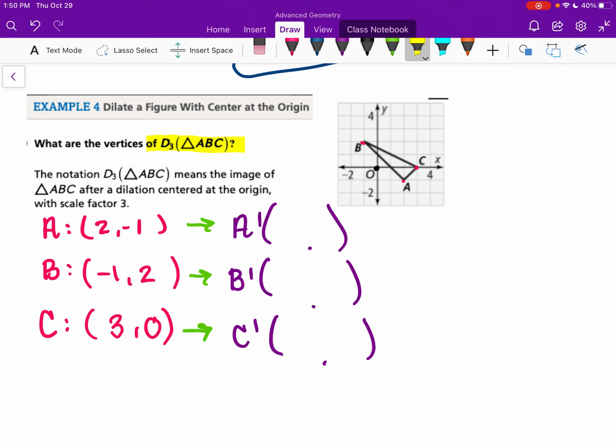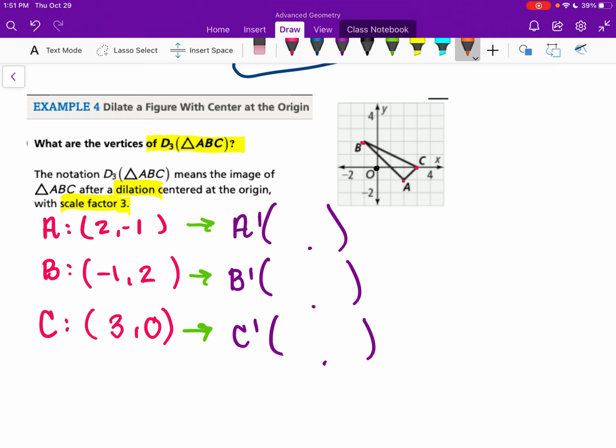So that notation means the image of ABC after a dilation centered at the origin with scale factor 3. AKA, it's a whole positive number. It's not a fraction. It's not less than 1. It's greater than 1. The scale factor is 3, which means we are going to enlarge each coordinate by a scale factor of 3, aka all we have to do is multiply by 3.